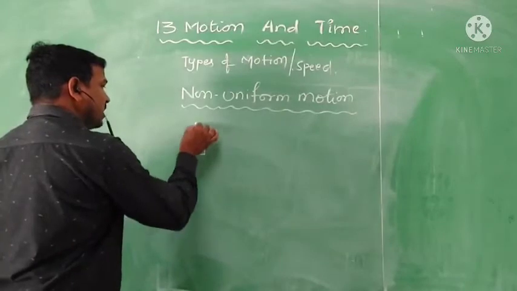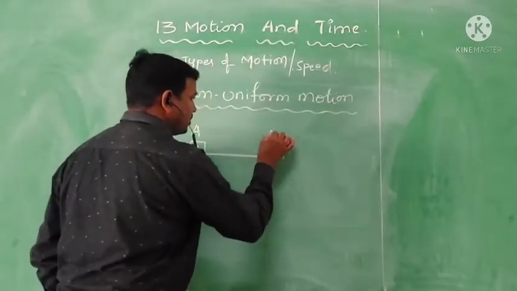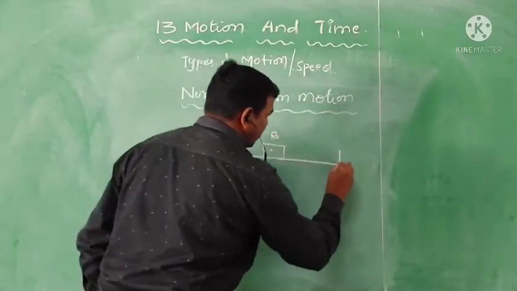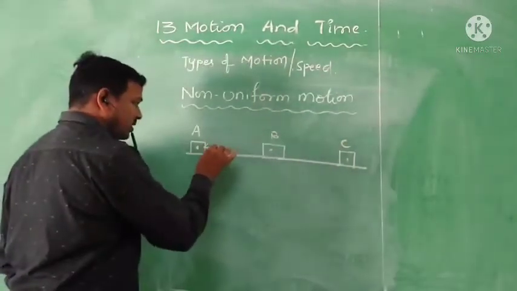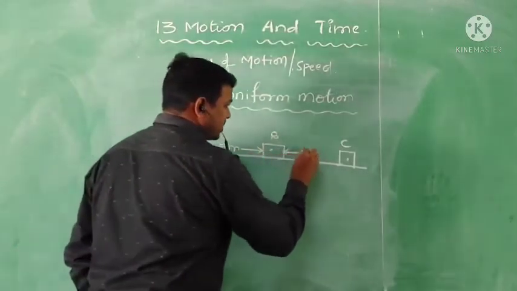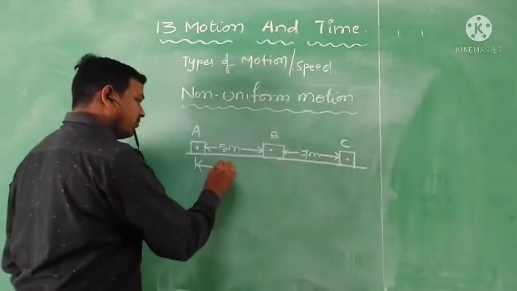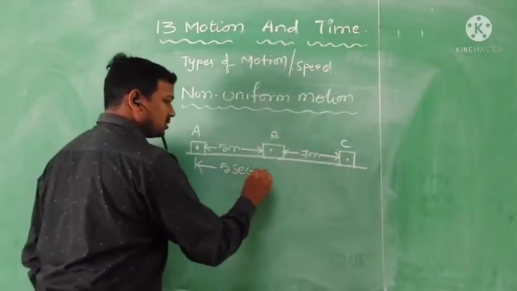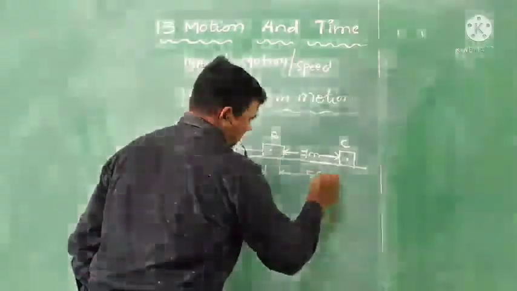The person started from point A, reached point B, and reached point C. Here I am taking 5 meters, here I am taking 7 meters. Now here I am taking 5 seconds, and from here it is taking 5 seconds.